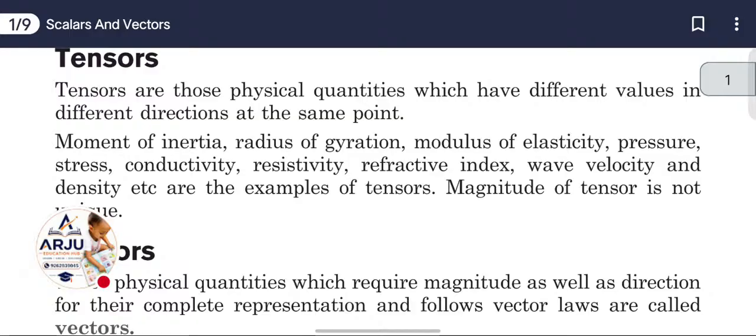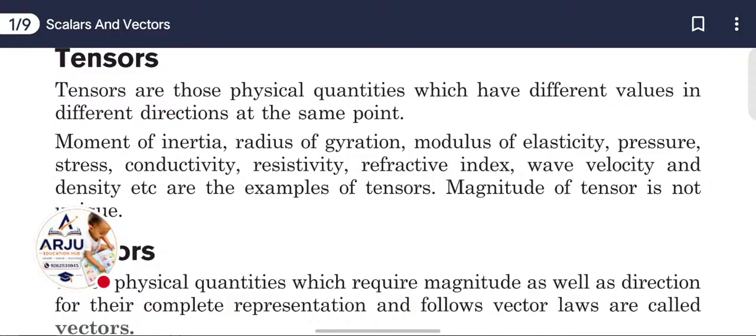For example, moment of inertia, radius of gyration, modulus of elasticity, pressure, stress, conductivity, resistivity, refractive index, wave velocity, and density etc. are examples of tensors.